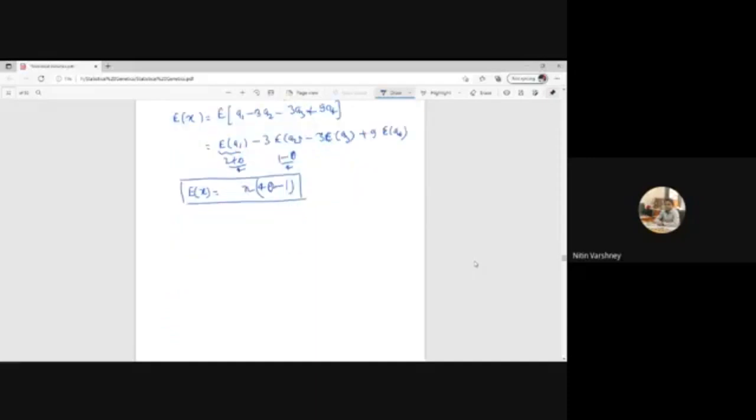And if I take this side, then after simplification, we will get our theta 2.